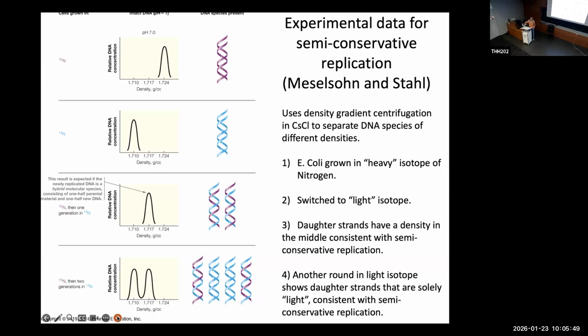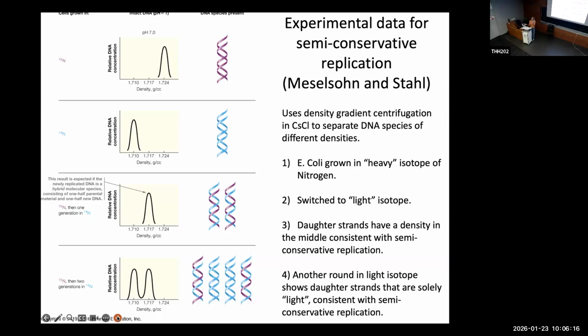So the way you set this up is to have a solution of, in this case, they're using cesium chloride, but you can also do sucrose. Basically, you dissolve this complex, either cesium chloride or sucrose, in water, and you put it in a centrifuge tube. And then you put it into a centrifuge and you spin it really fast.